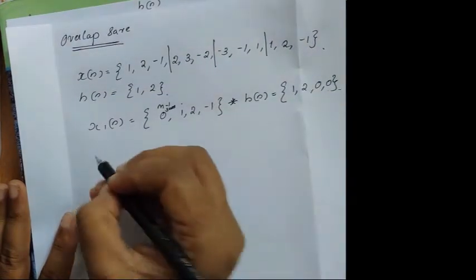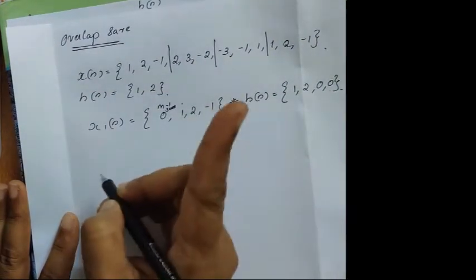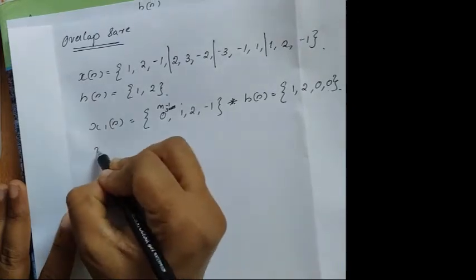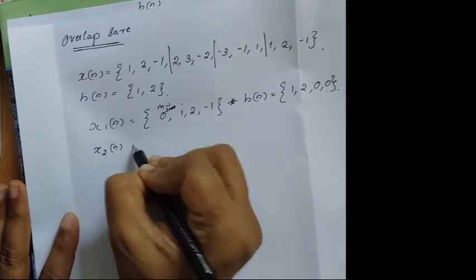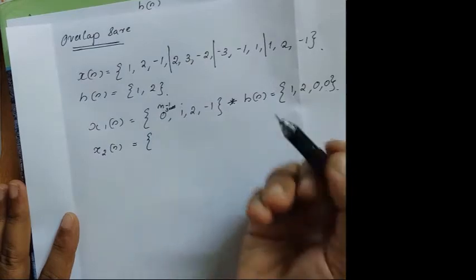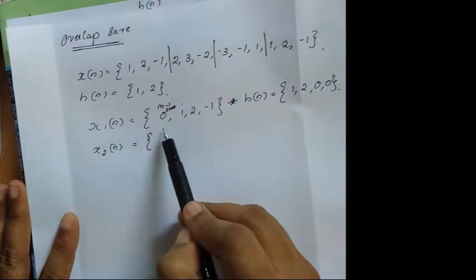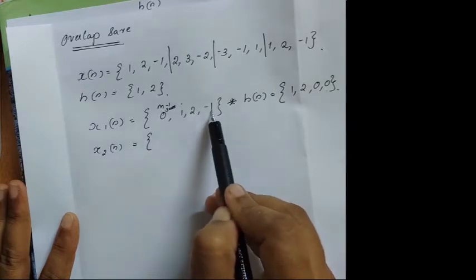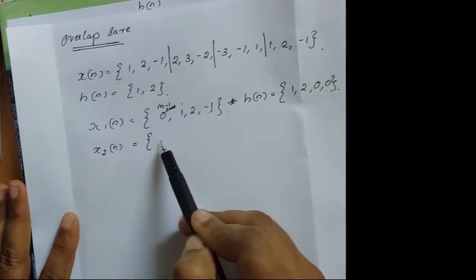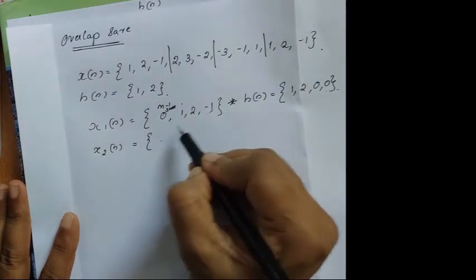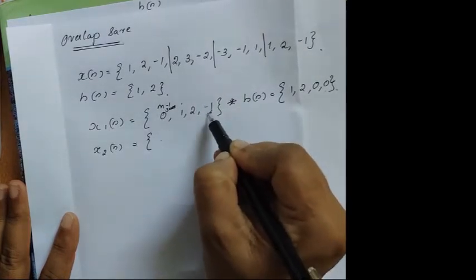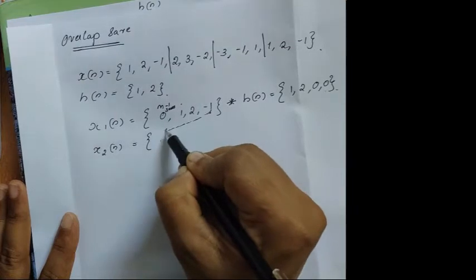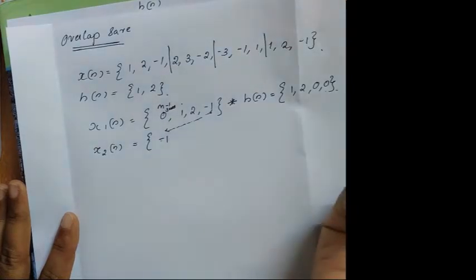Then what happens next? Over here you have to understand x2 of n is equal to, as you have added 1 zero in the initial state, you have to save the last data to the next. Minus 1.